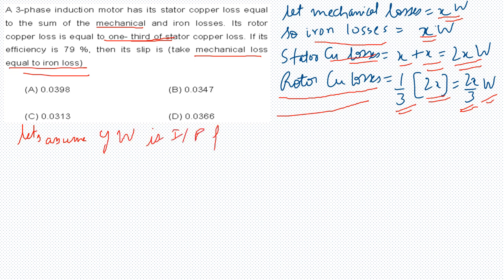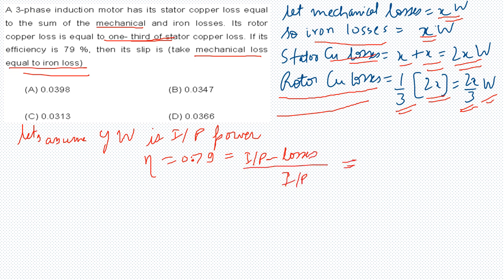Now what is our aim here? Our aim is to just find the relation between x and y. So let us use efficiency here. Efficiency is 0.79, which will be equal to input minus losses over input.